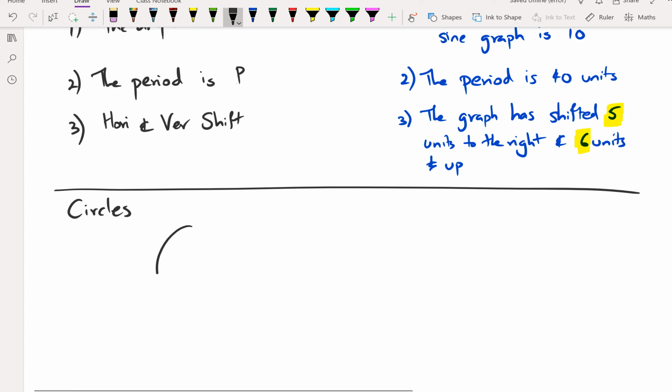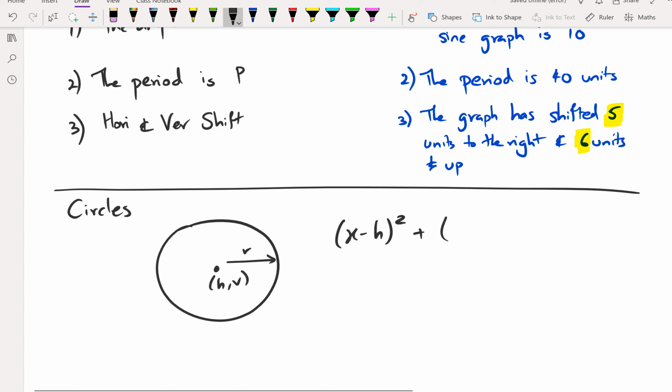So with circles, you know that the equation is (x minus h) squared plus (y minus v) squared equals r squared. So there's only a couple of things you can really talk about here. 3 things, but 2 of them are kind of interlinked.